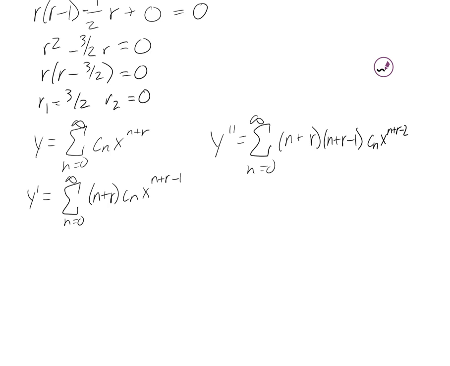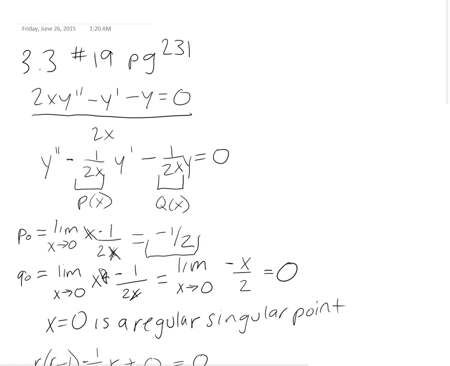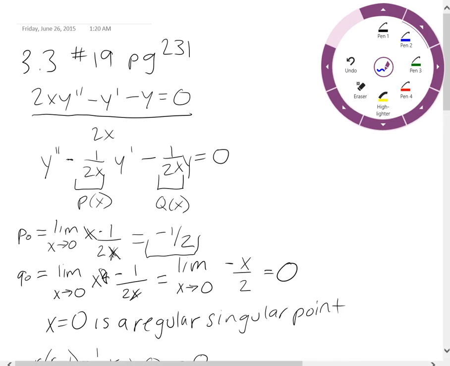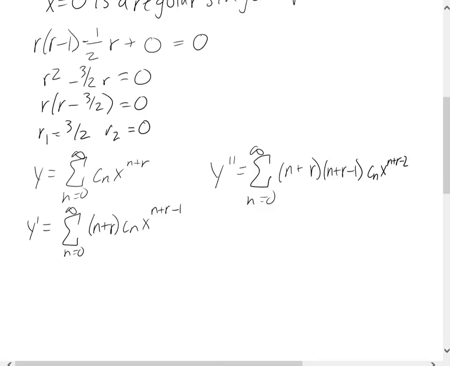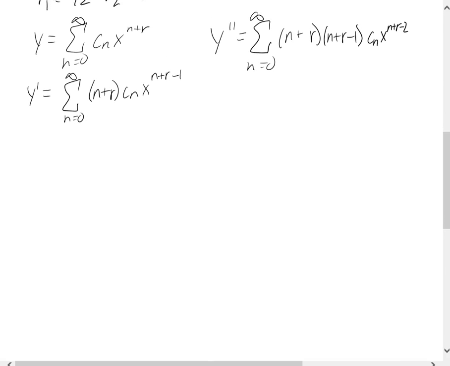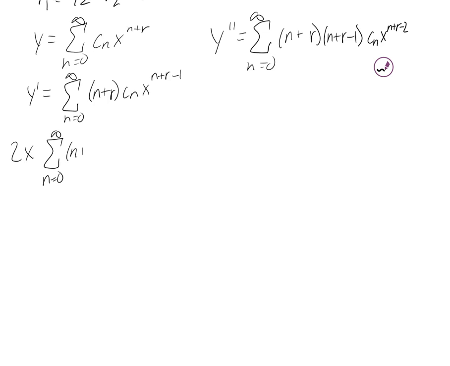So now we are going to take these three values and plug them back into our original equation, this one right here, not the one after we divided by 2x, the one before. If we do that, we will have 2x times the sum from n equals 0 to infinity of n plus r times n plus r minus 1 times c sub n x to the n plus r minus 2.